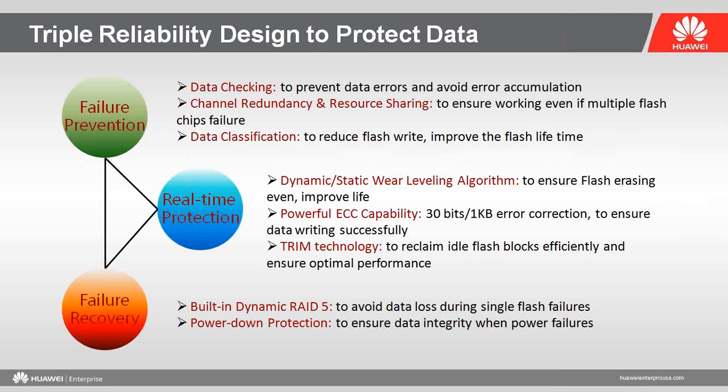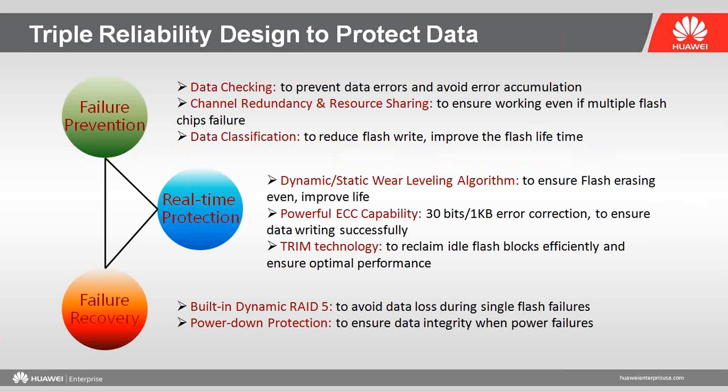So latency, and it's all well and good to have performance, but what about reliability? This is something that we've built in: the data checking, the channel redundancy, the resource sharing, so you can cope with multiple flash chip failures. The wear leveling algorithm ensures even wear and improves the life of the product. The ECC capability ensures that critical data is written successfully in real time.